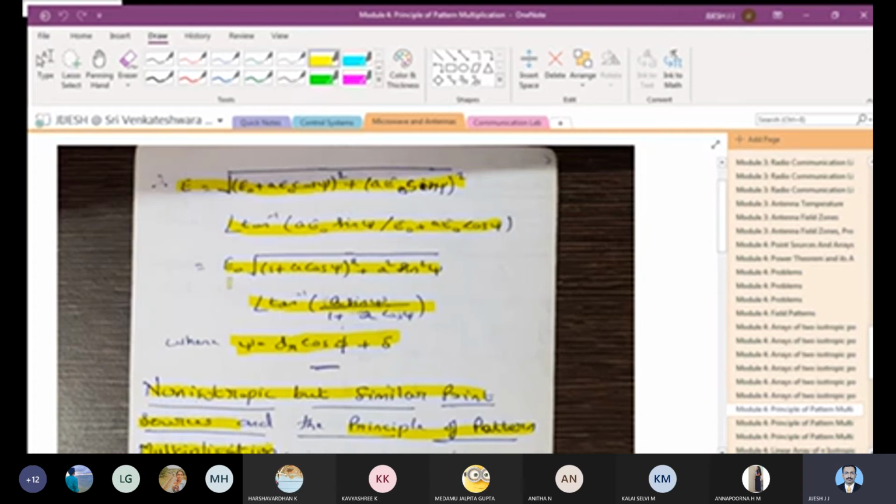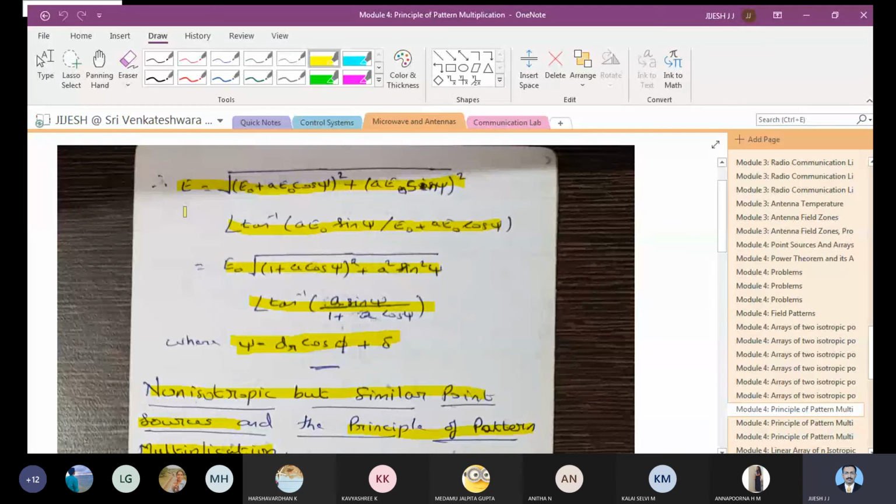We can write E is equal to E naught root of (1 plus A cos phi) whole square cos square psi, plus A square sin square psi, with an angle tan inverse of this, where psi is equal to dr cos phi plus delta.